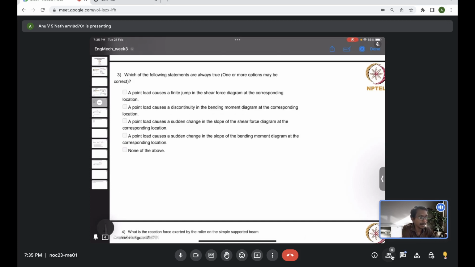A point load causes a finite jump in the shear force diagram at the corresponding location. Is this true or false? What do you think? Someone has pointed out it is true.